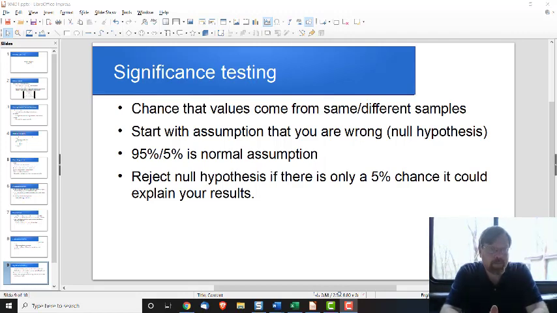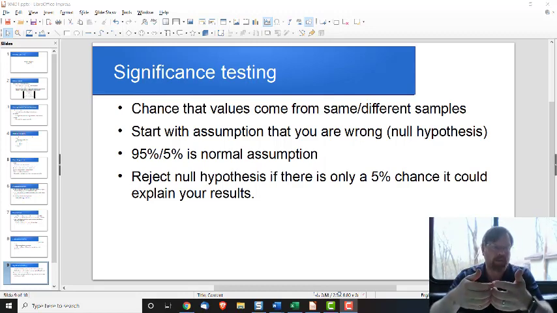So again, it's 95% or 5%, depending on which way you're looking at it, is the normal cutoff point for making that decision. So if I do the calculations and I come out with there's only a 5% chance that they're different, then I say, okay, yeah, they're likely the same in terms of the size. 10 millimeters from both is equivalent.